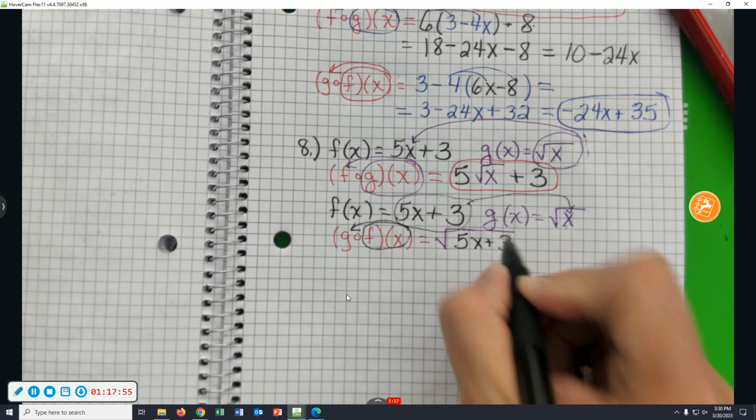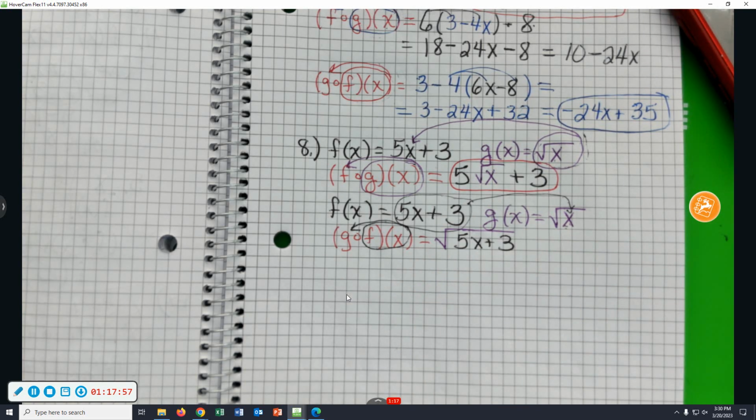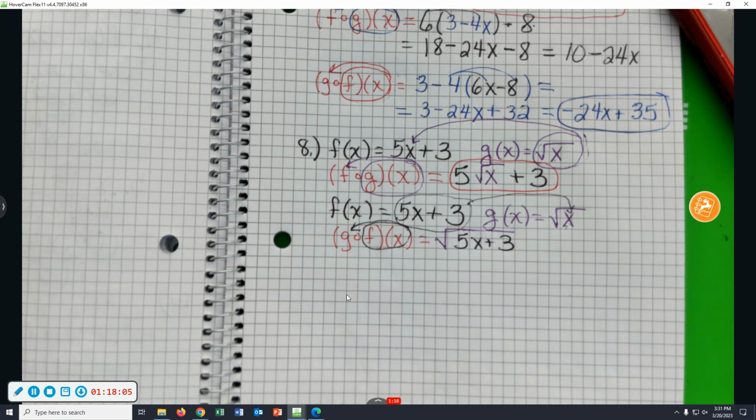There's not a lot of work to this for me. It's not a lot of scribble work. If it looks like I'm just writing the problem down and writing the answer, yeah, that's what I'm doing. But there's some thought. And that's the answer. Let me circle it.